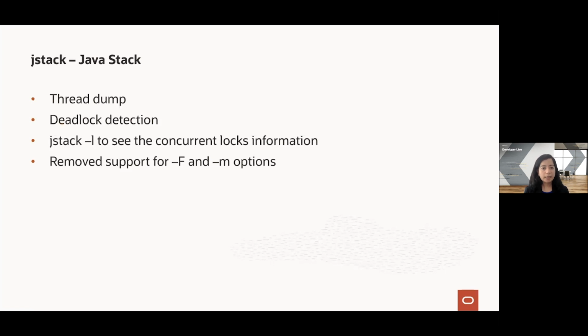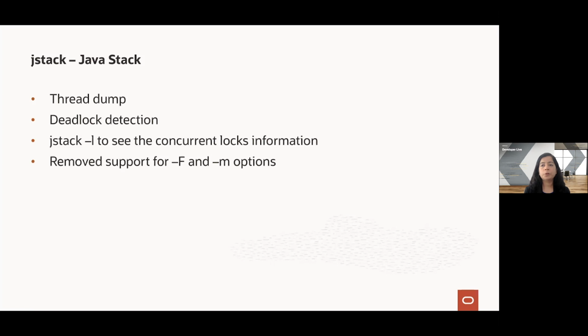jstack, Java stack, can print thread stack traces. It can also perform deadlock detection. And jstack with the -l option can be used to see concurrent lock information. Again, there were two options, -F and -m, that have been removed in JDK 9.